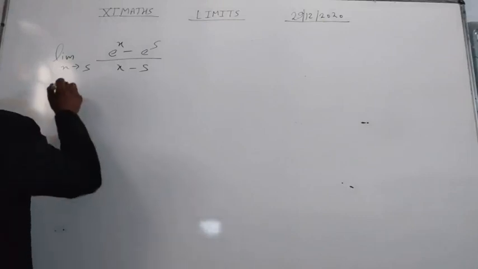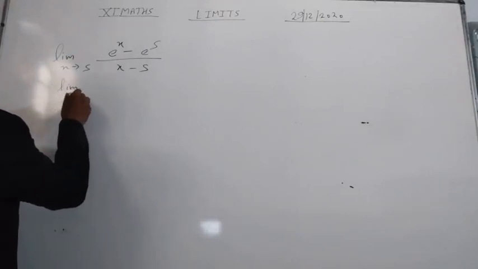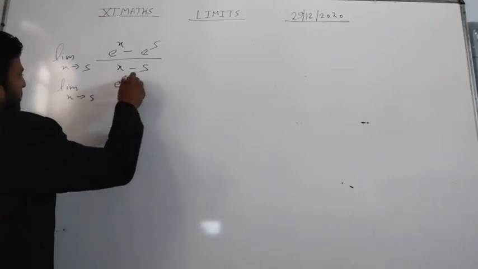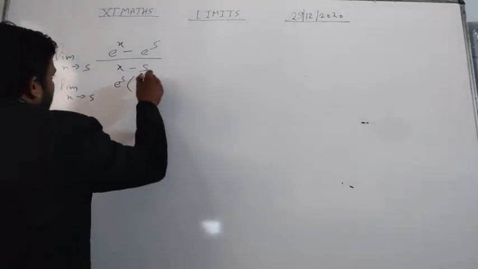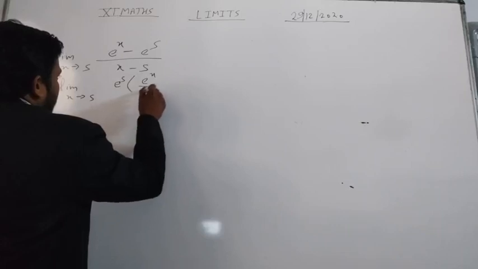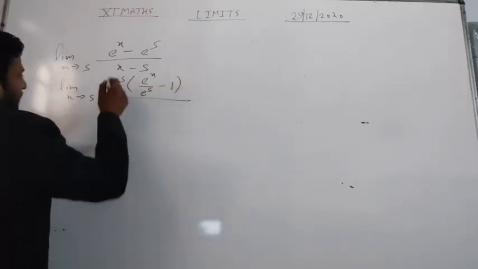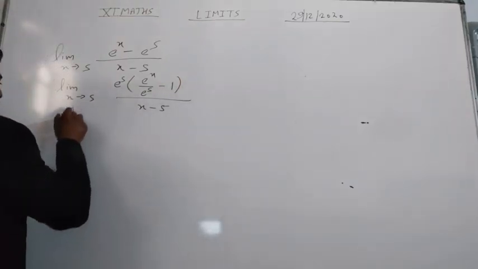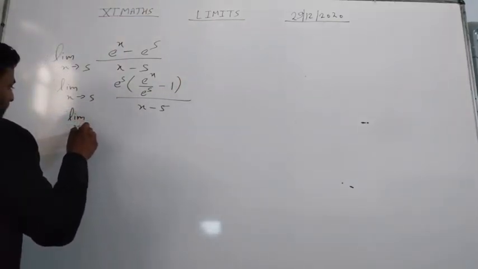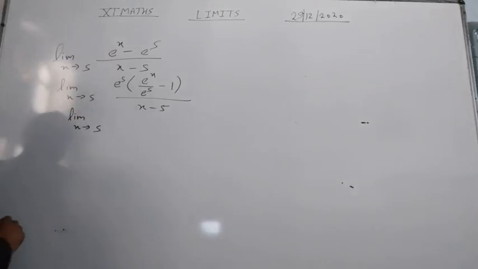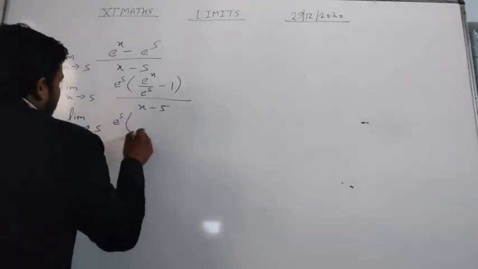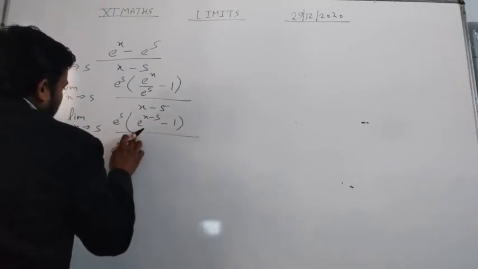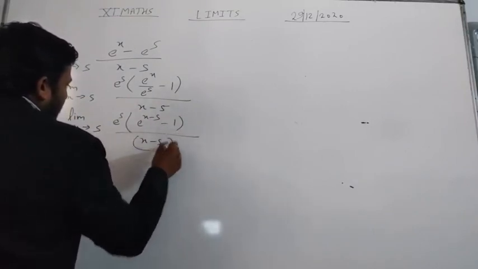So limit x tends to 5, we are taking this e to the power 5 outside, so we get e to the power 5 into (e to the power x by e to the power 5 minus 1), and here x minus 5 student. So limit x tends to 5, this we can write e to the power x minus 5 minus 1 by x minus 5.